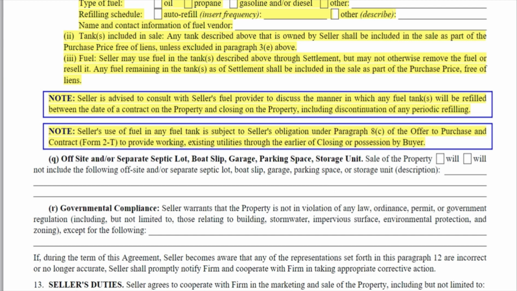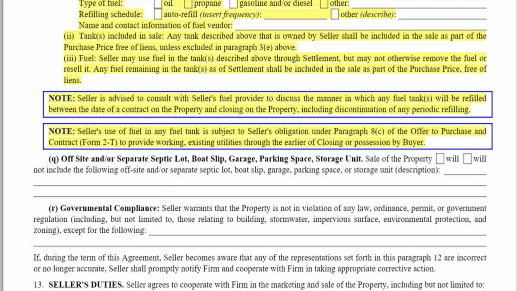Okay, and this note says the seller's use of the fuel in any fuel tank is subject to the seller's obligation under paragraph 8C of the Offer to Purchase and Contract form 2T to provide working existing utilities through the earlier of closing or possession by the buyer. So you just need to keep your utilities on, is basically what they're saying.